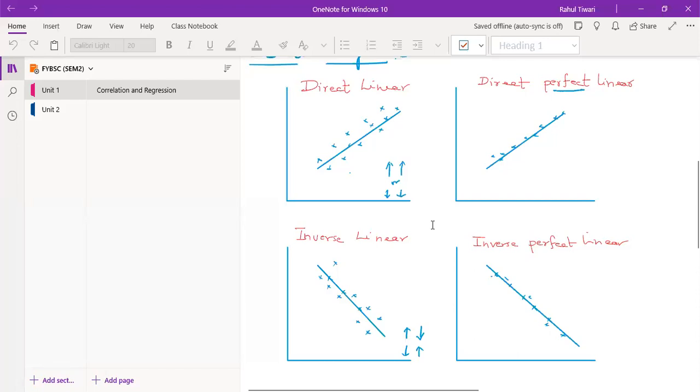Still my voice is breaking, can you see the screen? Yes, sir. Can you understand what I'm trying to convey? It's breaking in between, sir, but we can understand. Okay.